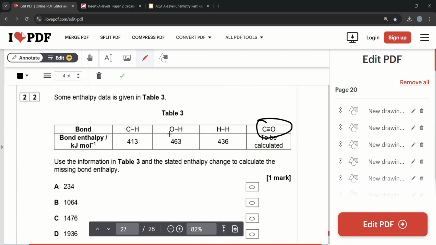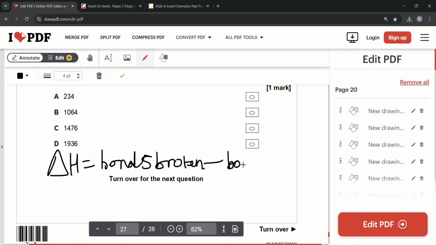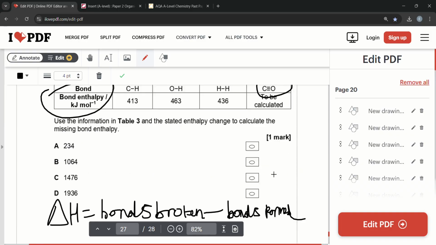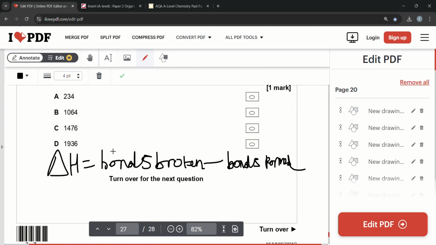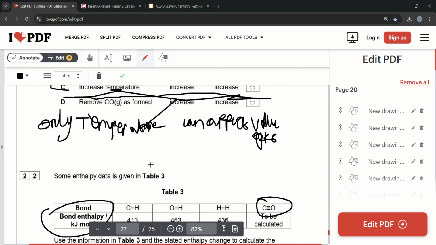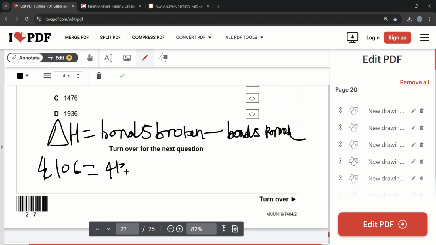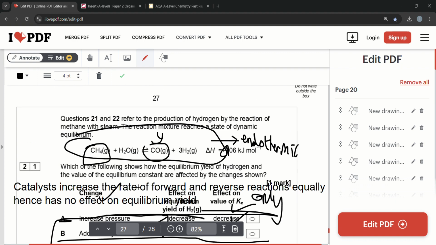Well, because we're using bond enthalpies, delta H equals bonds broken, or energy required to break bonds, minus bonds formed. Delta H, it tells us in the question, is plus 106. So I just write 106. And that is equal to bonds broken, CH4, so 413 times by 4, plus H2O.